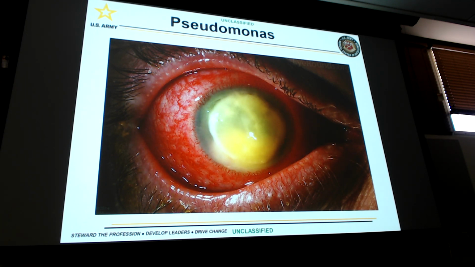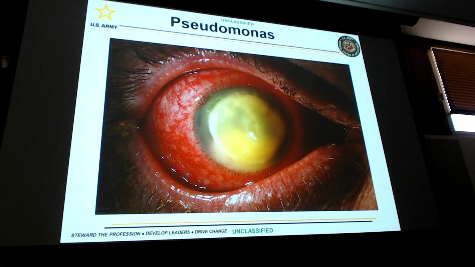Yeah. Look at it. You can see beefy redness there. That's not pink eye. That's the difference. Also, that cornea is swollen and probably beginning to scar. There's a hypopyon in the background.